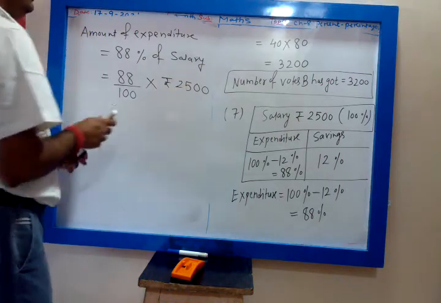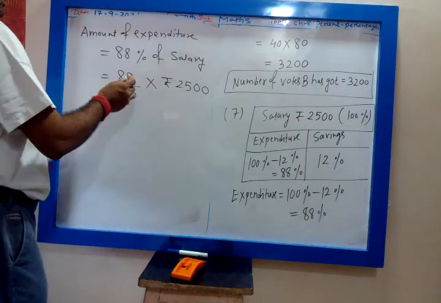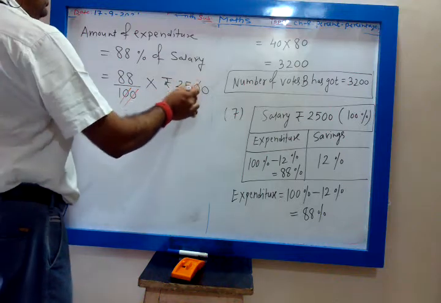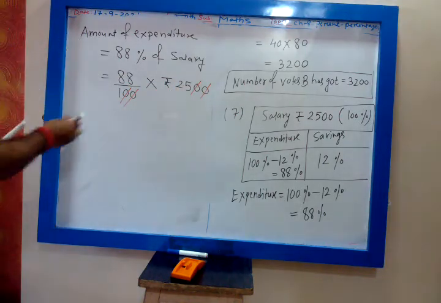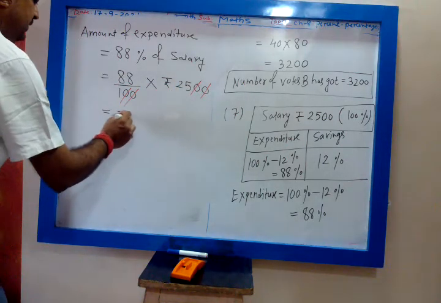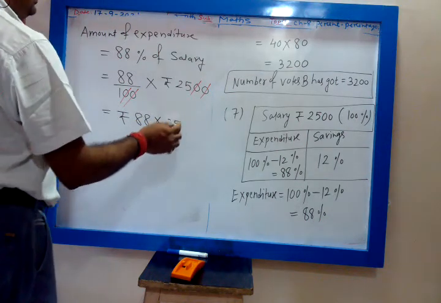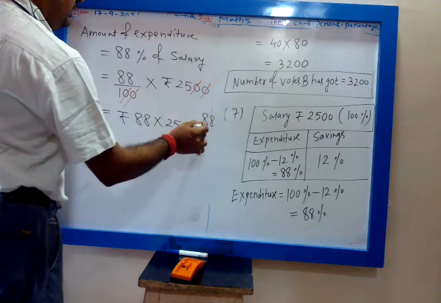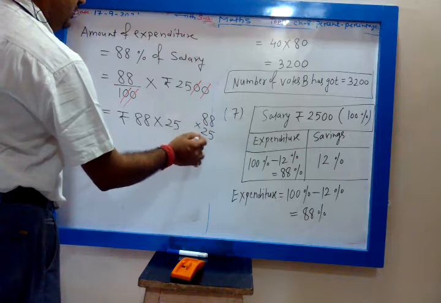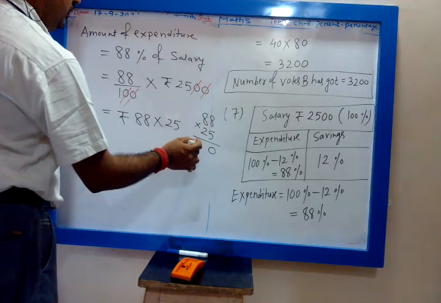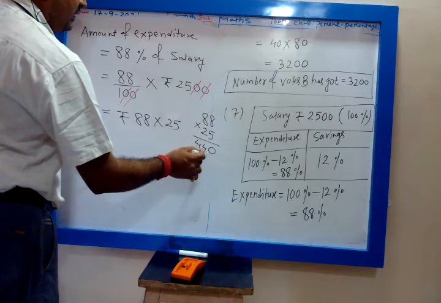You cancel zeros of the numerator with the denominator. Two zeros get cancelled. So that is rupees 88 into 25. Multiply 88 and 25, you can multiply easily. 8 5s are 40, 8 5s are 40 plus 4, 44. 2 8s are 16.